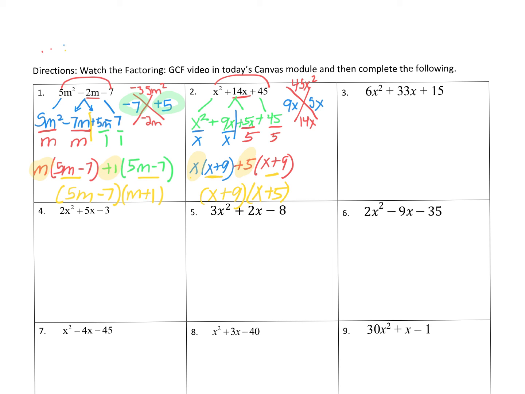If we look at number 3, we look all the way across and see if there's a greatest common factor. And in this particular problem, there is. So the first thing I notice is that I can divide everything by 3. And so that will leave me with 2x squared plus 11x plus 5.